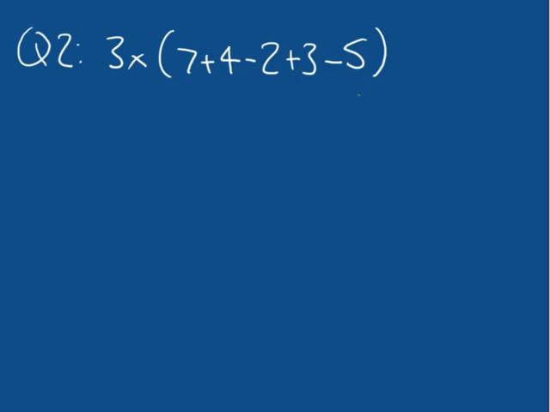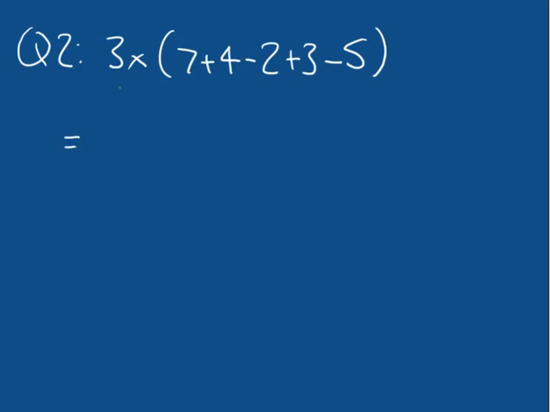Alright, welcome back. So this is a little bit more complicated due to having additions and subtractions, but if you follow the rule that I set out earlier, if you're adding inside the parentheses, then you need to add that term outside the parentheses. If you're subtracting inside the parentheses, you need to subtract that term outside of the parentheses. Then it's really actually quite simple to evaluate. So we have 3 times (7 plus 4 minus 2 plus 3 minus 5).